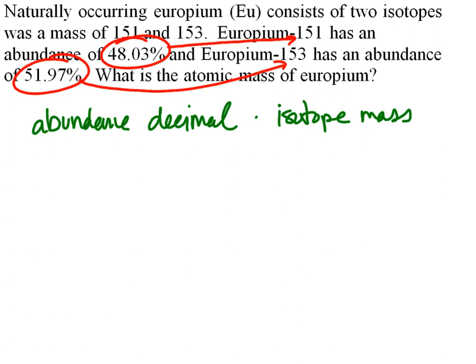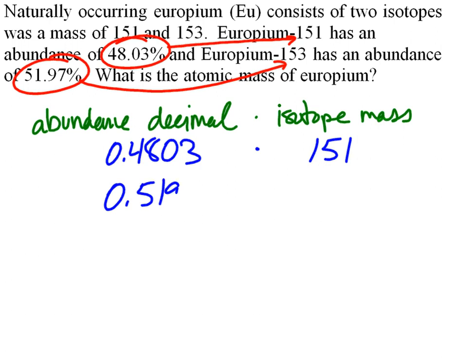Let's do this real quick. The abundance decimal for 151, 48.03%, would be 0.4803, and I'm going to multiply that by the isotope mass, 151. I'm going to do the other one as well: 0.5197, multiplied by 153.